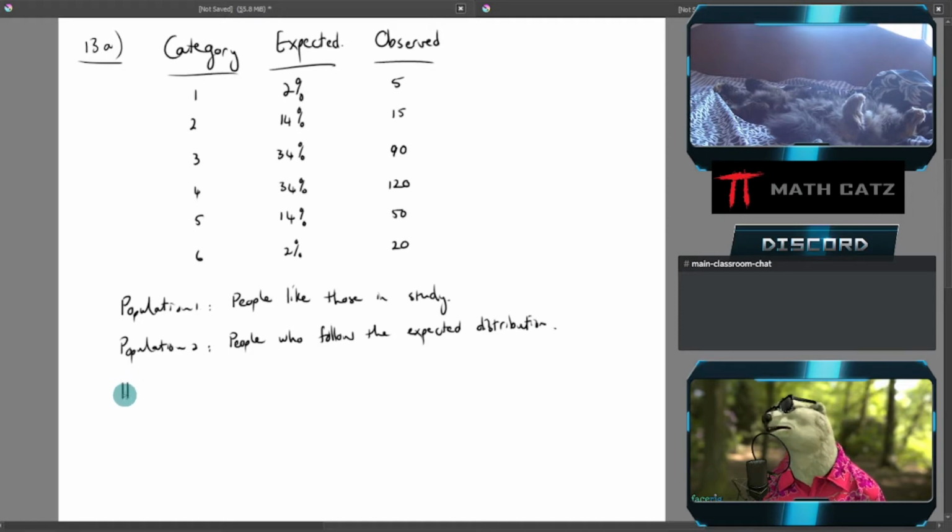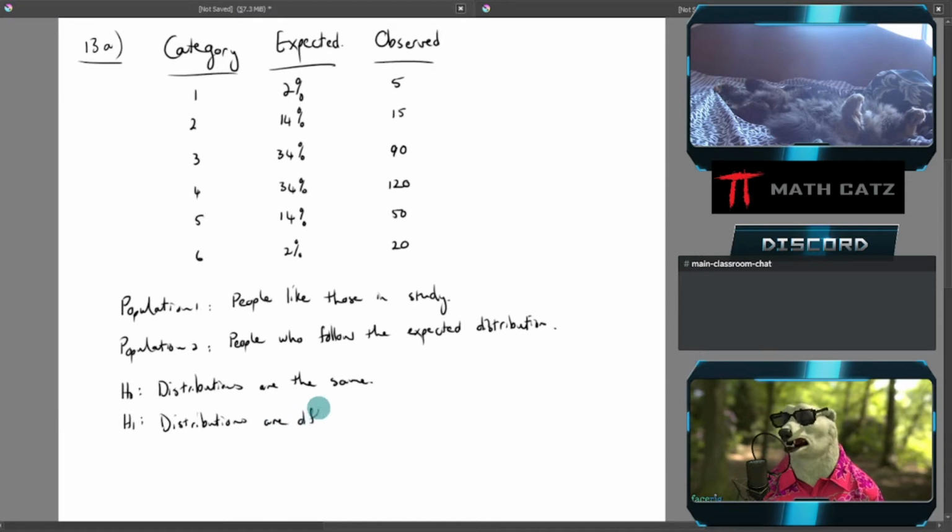Our hypotheses for the test: our null hypothesis is that the distributions of the two populations are the same. So I'll just say it like this: distributions are the same. And of course, the research hypothesis, which we secretly want, that's how I sort of imagine it, is that the distributions are in fact different.